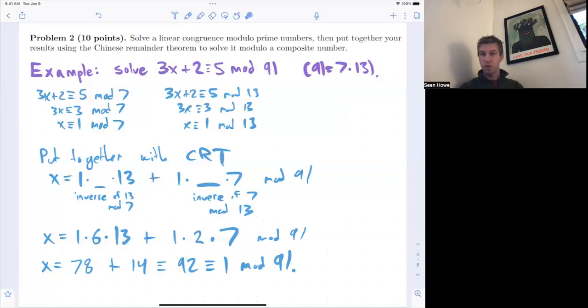Someone in the chat asked, will the composite mod only be a product of 2 primes on the exam? Yes, on problem 2, it's going to be just like this. So you'll be modulo a composite number that's a product of just 2 primes. So it'll be very similar to this.